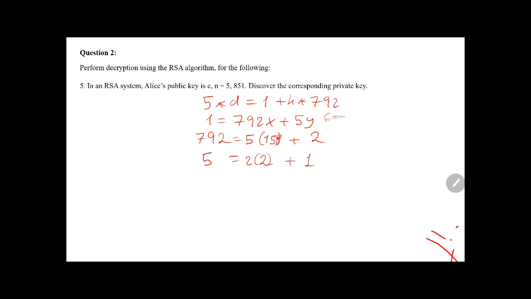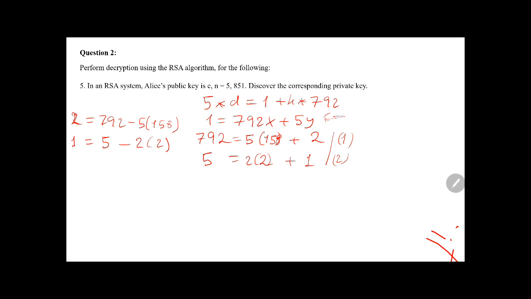So we've reached the remainder of 1, so we can stop. Now we have our equations 1 and 2. So let's start by rewriting the equations to have the remainder on the left side. The first one will be 2 equals to 792 minus 5 multiplied by 158. And the second one will be 1 equals to 5 minus 2 multiplied by 2.